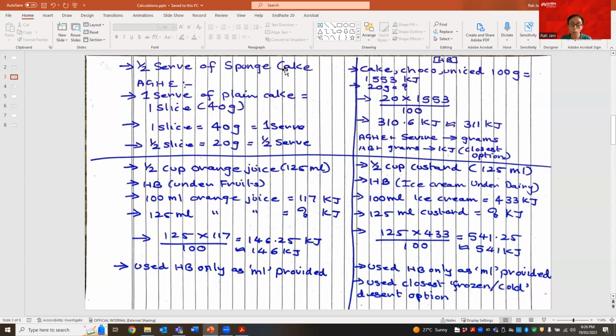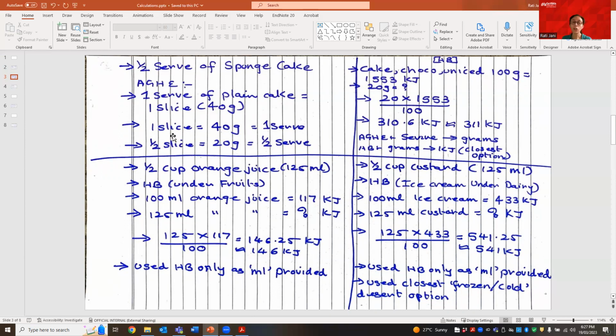The way I go about it is I look at the Australian Guide to Healthy Eating for the discretionary foods. Over there, again, you will not find the exact same thing, which is sponge cake. But I know sponge cake here means it is uniced, a simple plain cake. So I look at the Australian Guide to Healthy Eating for one serve of plain cake. It tells me one serve of plain cake is one slice, which is roughly 40 grams.